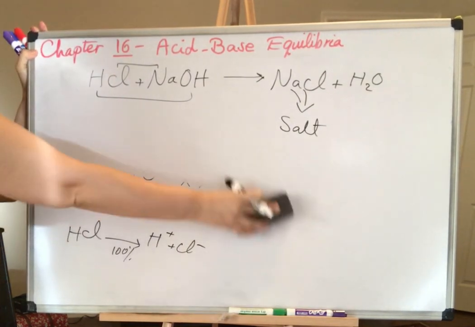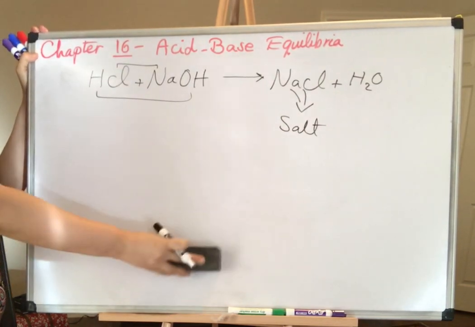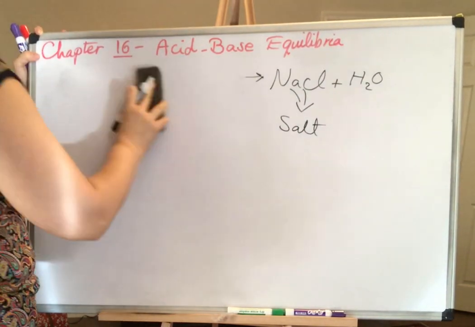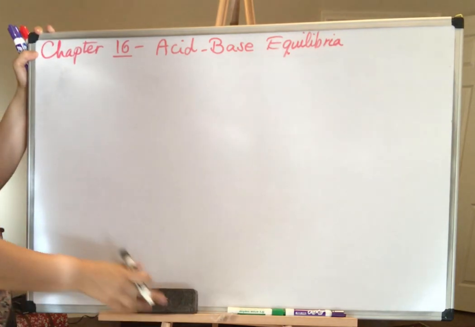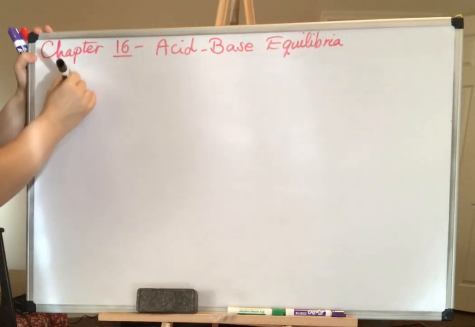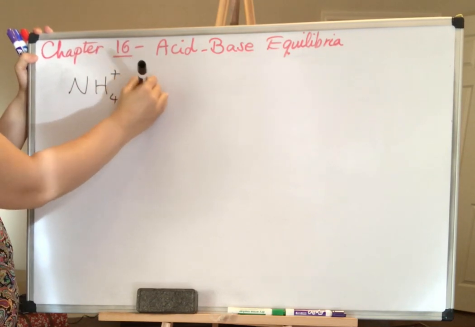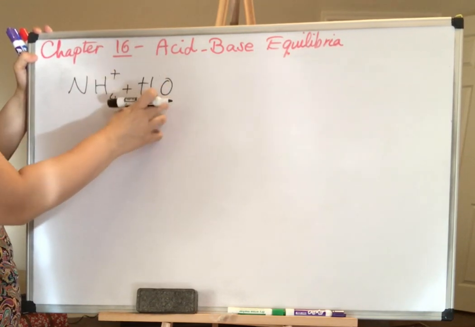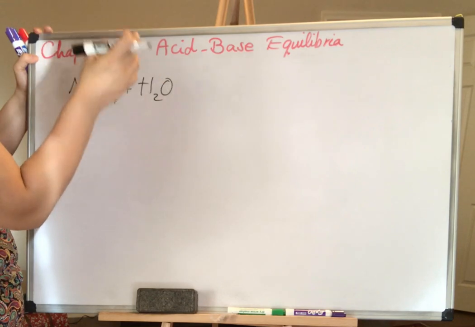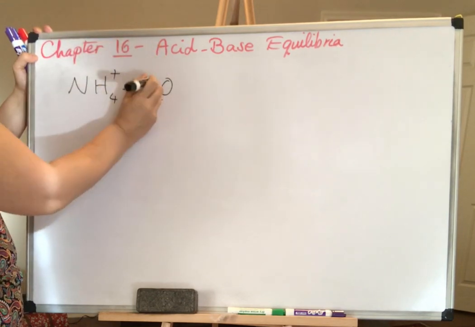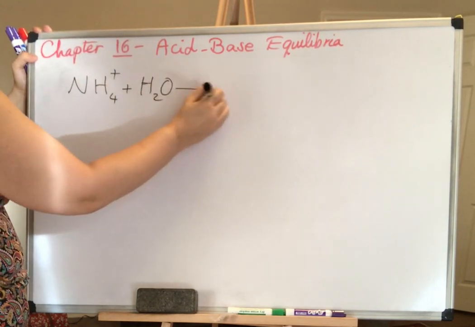But the conjugate acid of a weak base or the conjugate base of a weak acid, they will make changes. For example, NH4 plus water. We always add them to water, okay? The second component is always water because this is a solution in water.